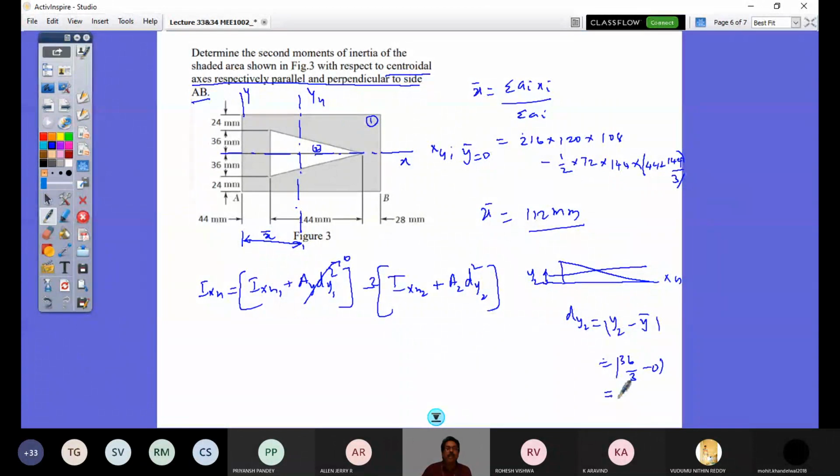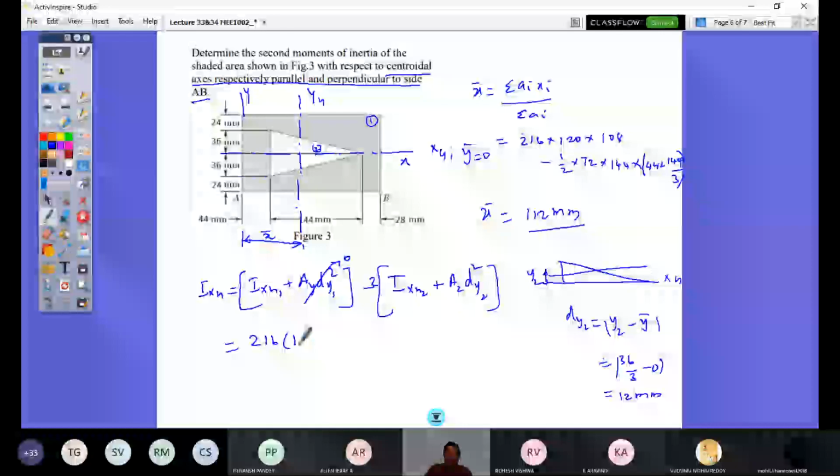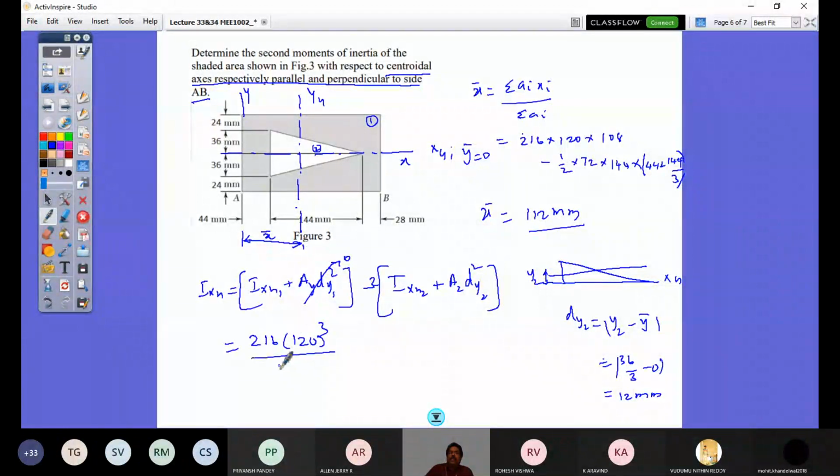So IXG1 is for a rectangle about its central axis. So width is 216, depth is 120. So BD cube by 12, that is this term, plus 0, minus 2 into IXG2. So for this triangle, IXG2 is about the central axis, BH cube by 36.